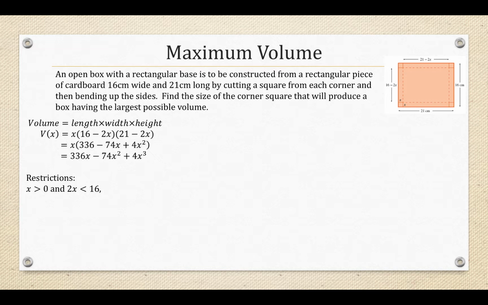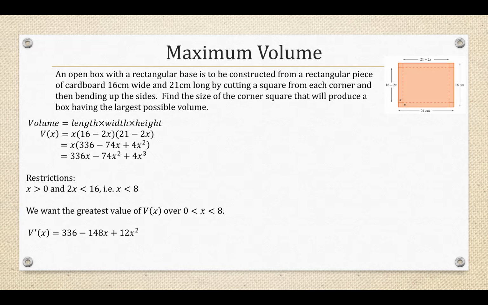We can't have those two sides going past the halfway point. So that will mean that x must be less than 8. That tells us that we want the greatest value of V of x to be over 0 but less than 8. So let's differentiate V of x.